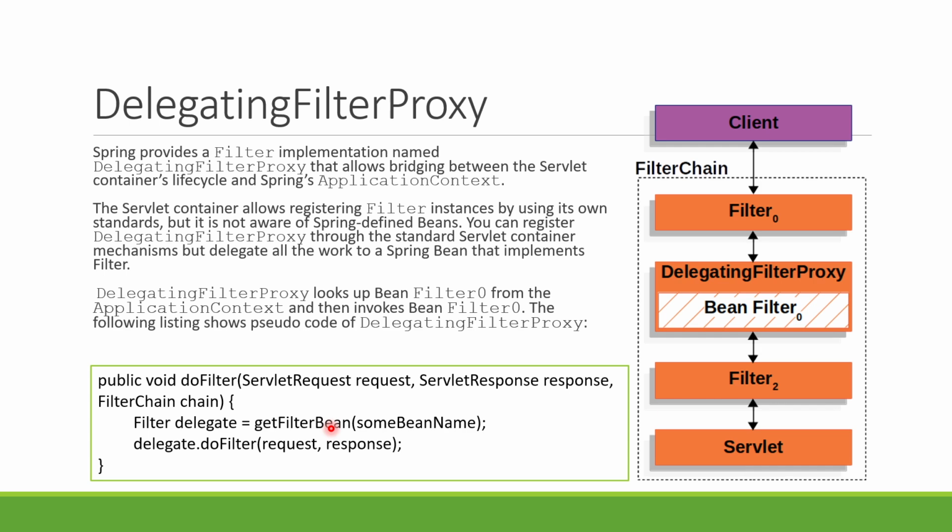In order for the container to start the application, we have to make sure all the filter instances are ready and registered. But Spring typically uses a context loader listener to load the Spring beans, which is not done until after the filter instances need to be registered. So this is lazy loading.